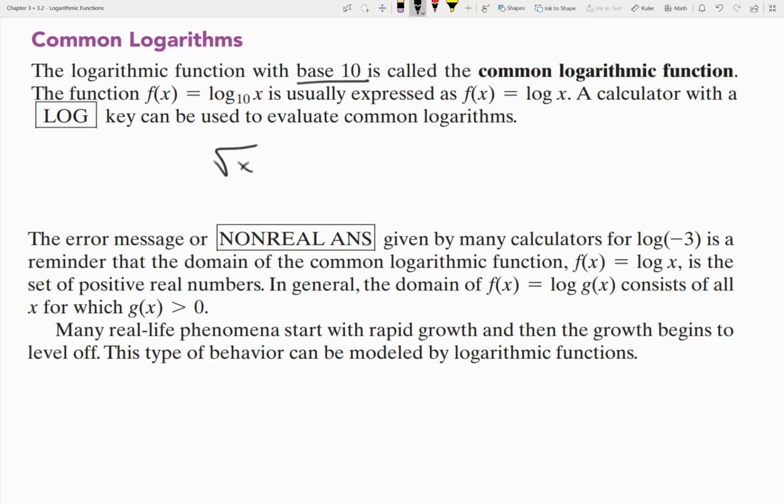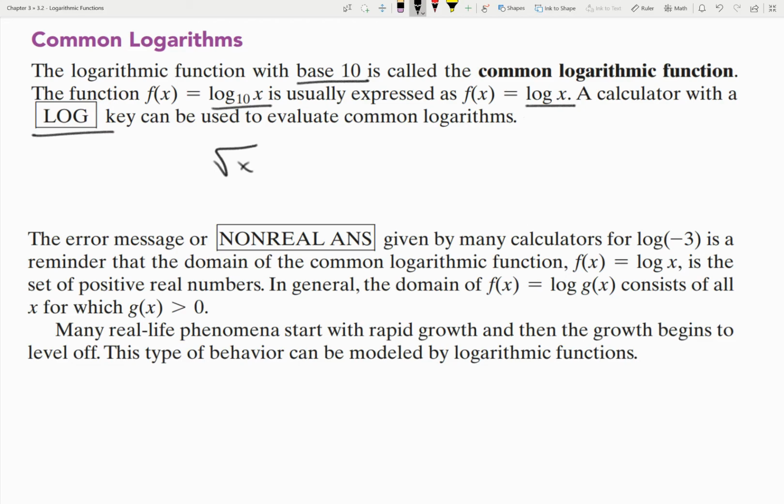Again, that's why it's called common. So instead of writing the whole thing like this, if this base 10 is the logarithm that happens the most often, we can just leave it out, just like we would with a square root. And so if you see a calculator with just the word log, that is really a base 10 logarithm.